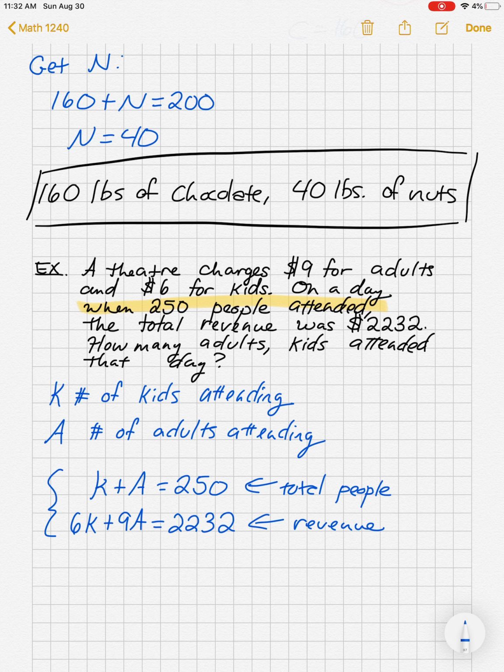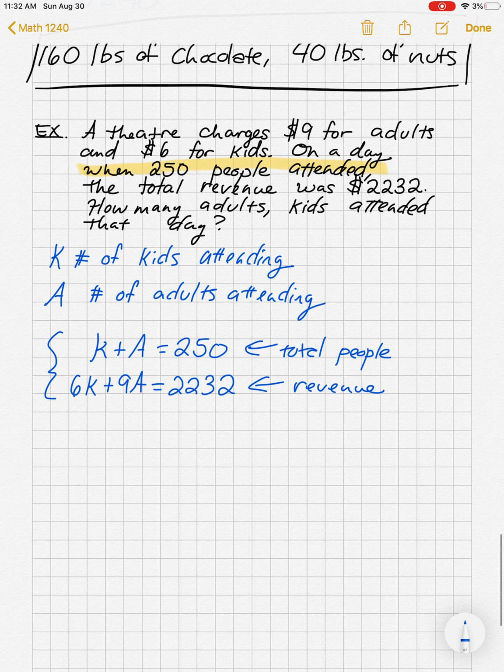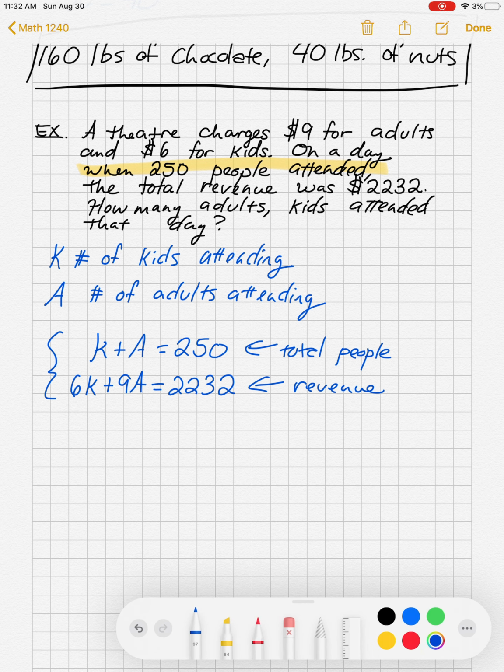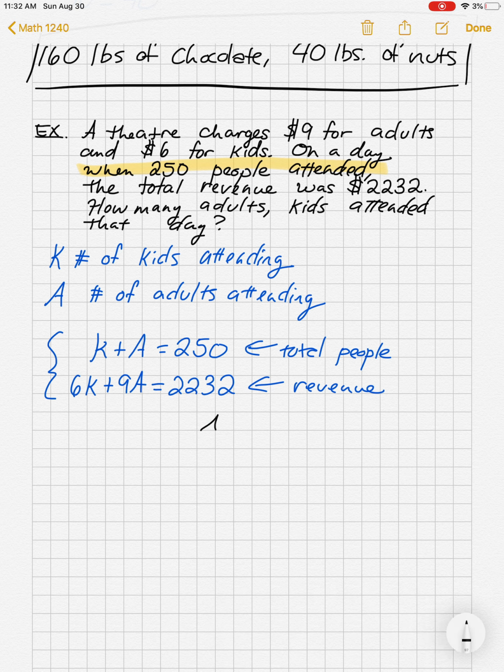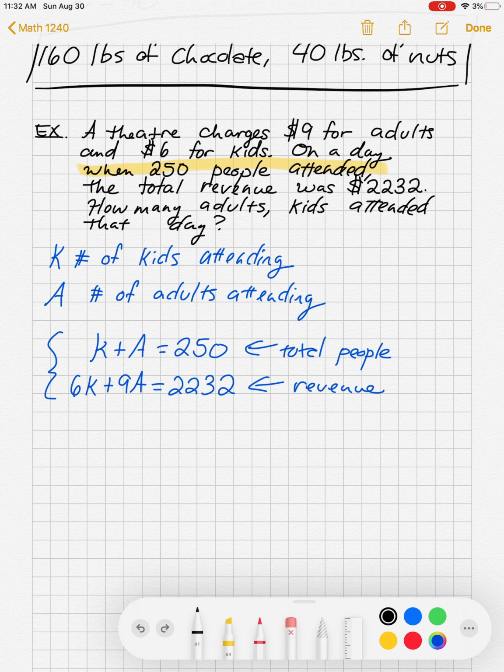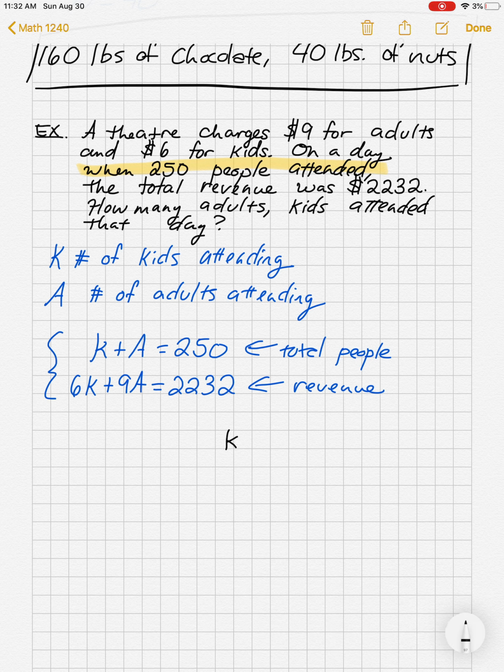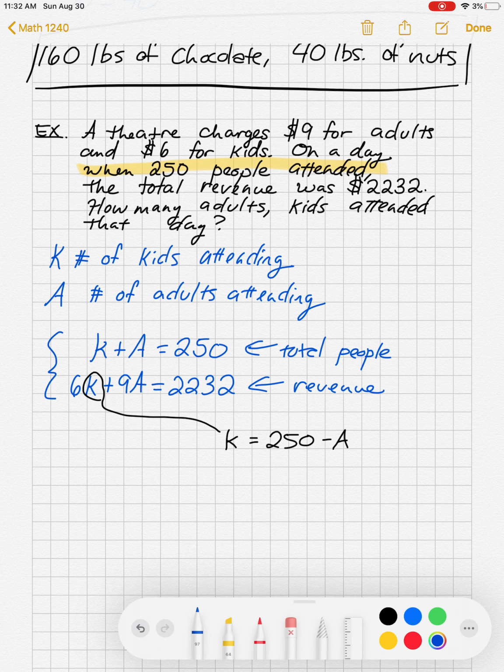Okay. And then again, I have some options. I guess I can solve that first equation for K or A, really. I don't know which one would be easier. 250 minus A. Substitute.